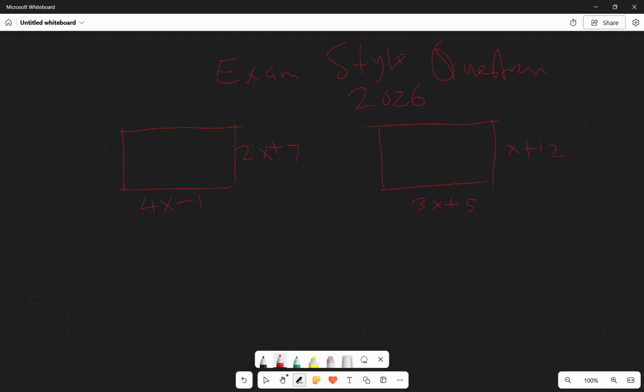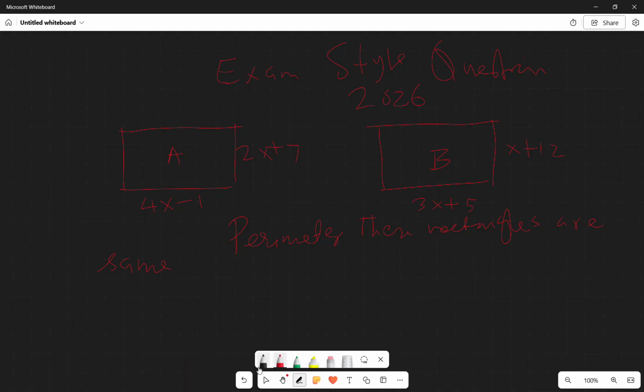They said the perimeter for these rectangles A and B are the same.